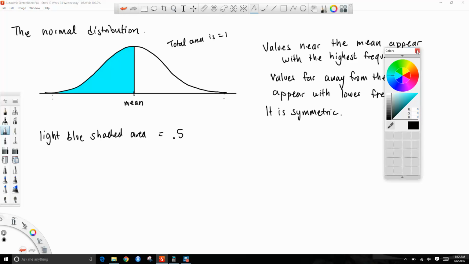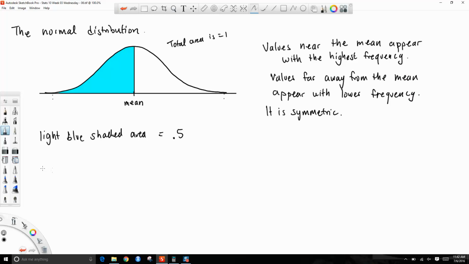All right. Do you guys remember what a z-score is? What is a z-score? Yeah, it's our distance from the mean expressed in standard deviations.